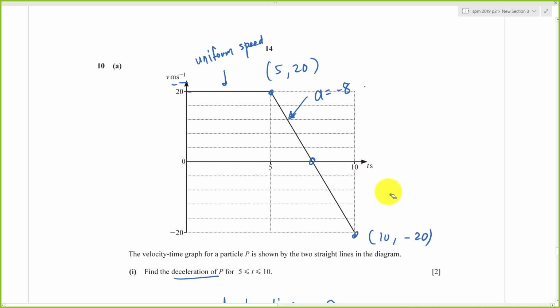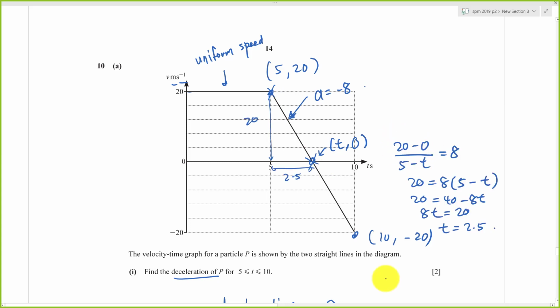And then at least I know the y coordinate for this one. X I do not know. I'm going to call it t, because the x axis is time. The velocity I know is 0. So what I will do over here is use these two coordinates, where the gradient is a. But why can't I straight away get the coordinates here? Oh, I know why. Because I'm using the positive a. The gradient should be negative a. Yeah.